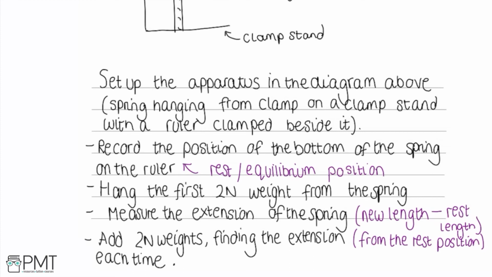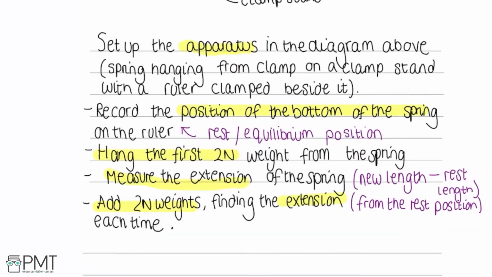So as we can see, when there's a force of 0 newtons, there's obviously going to be an extension of 0 centimetres, because that is the position that we're calculating this extension from. So this method here that I've outlined is going to obtain all of the data in the table. So I've basically answered the first part of this question in that clear, logical way.